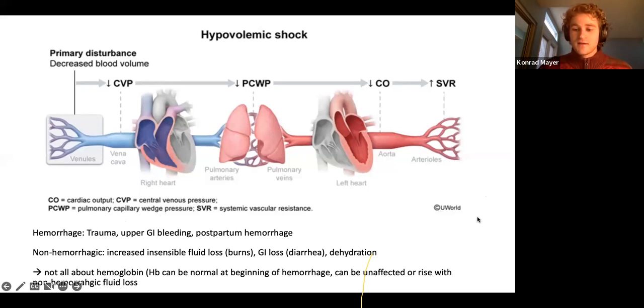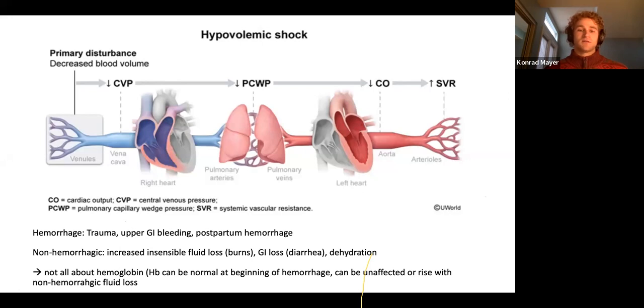So the important thing about hypovolemic shock is that if we draw blood and look at the hemoglobin, the HB, this is a good indicator for if somebody is in hypovolemic shock, but it is oftentimes misleading.